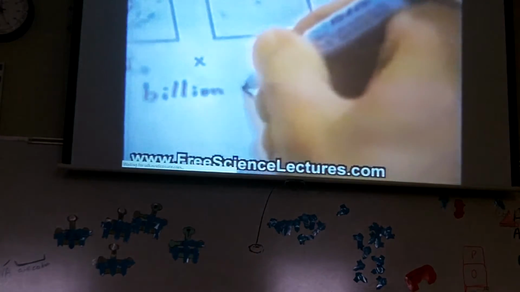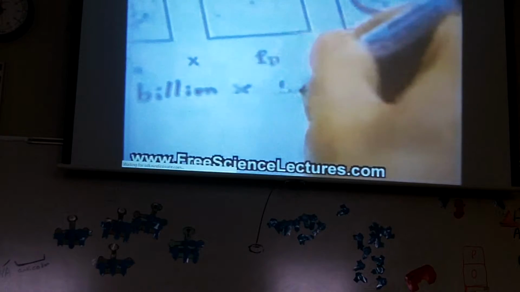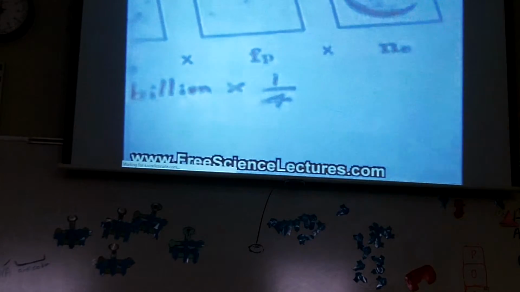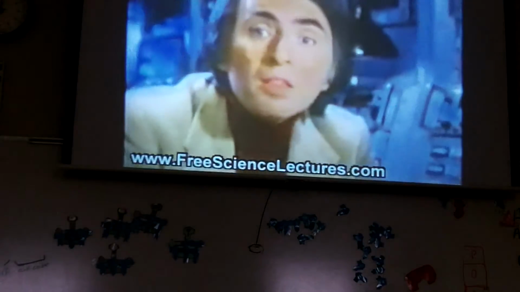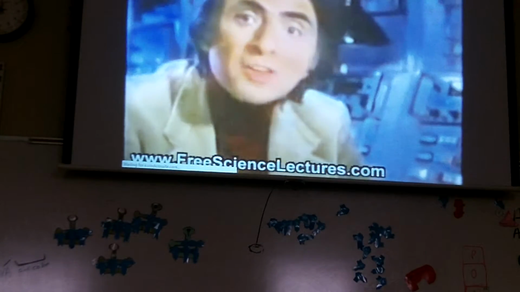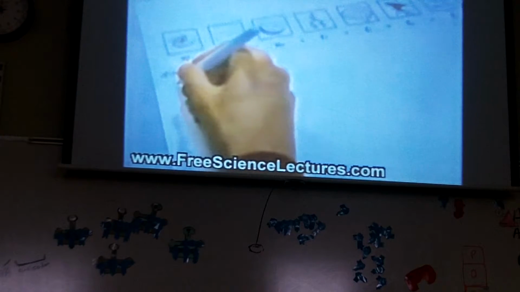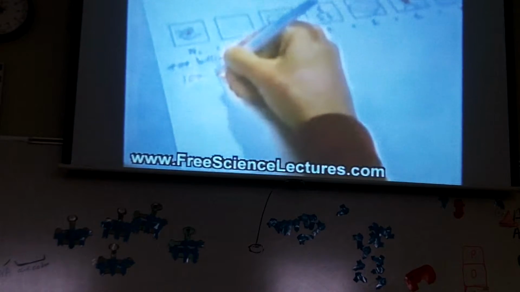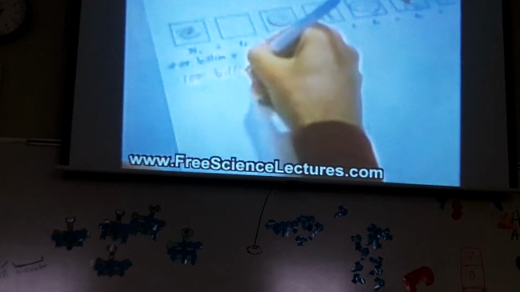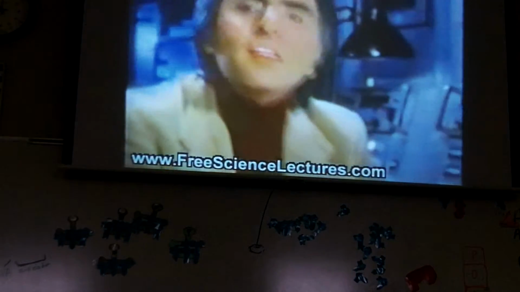So let's take F sub P, the fraction of stars that have planets, as a quarter. Then the total number of planetary systems in the galaxy is 400 billion times a quarter, or 100 billion. We'll write down our running totals in red.